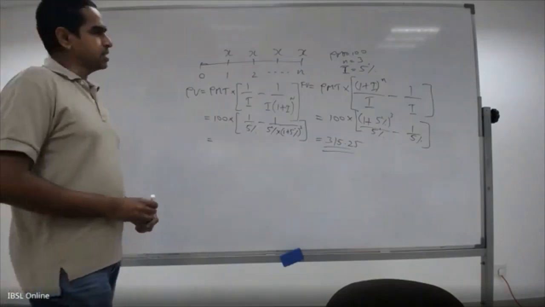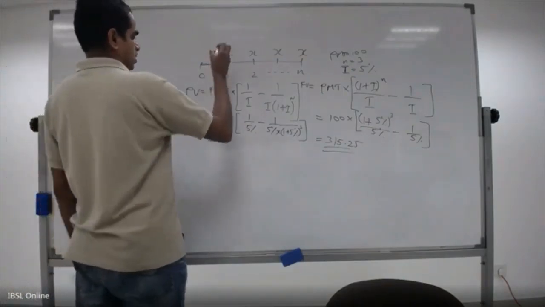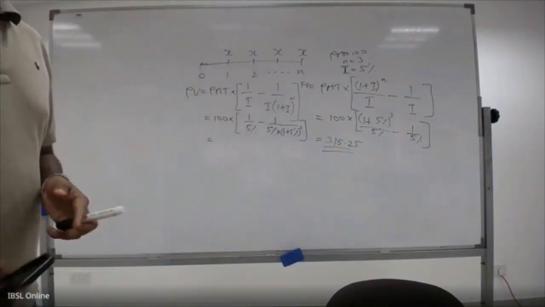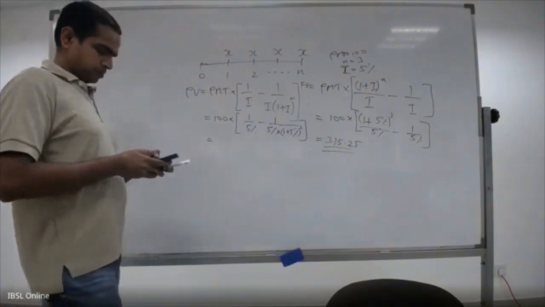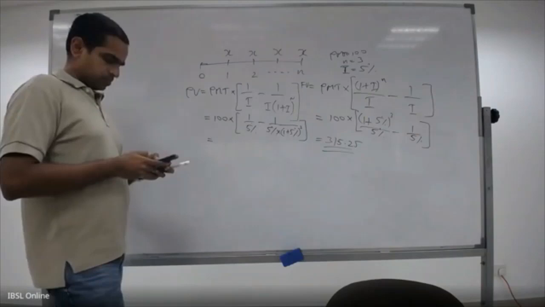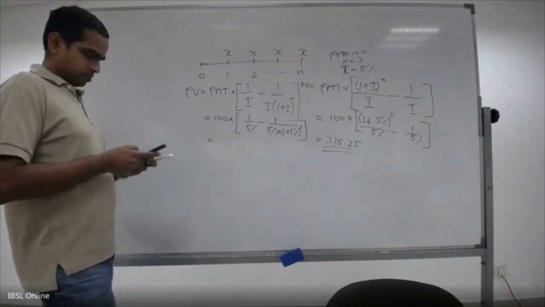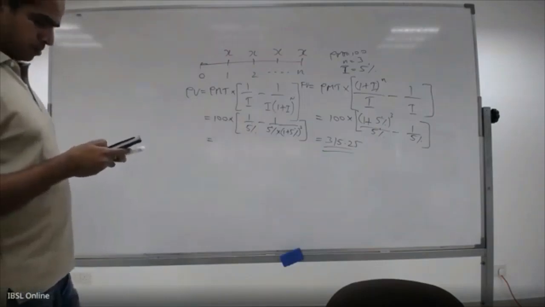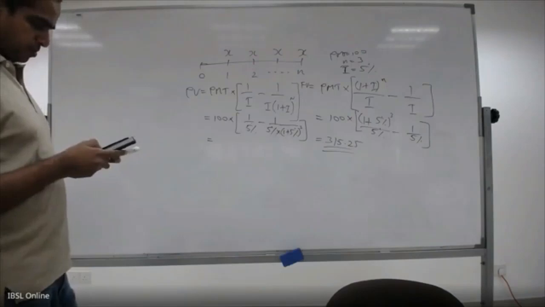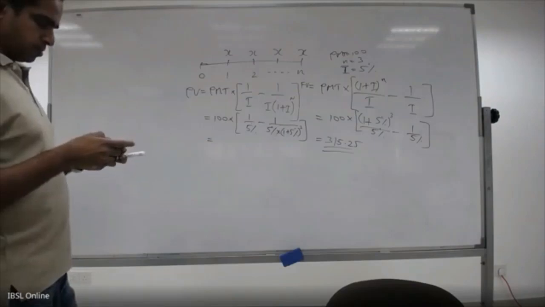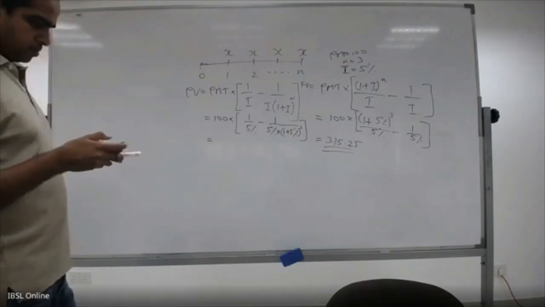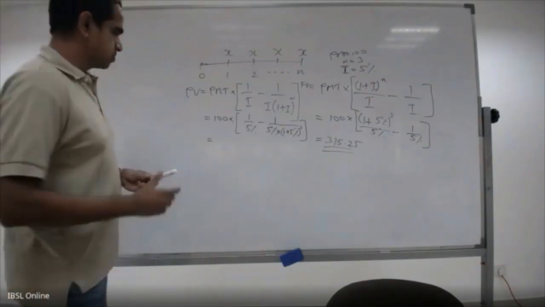And you keep receiving payments of 100 every year. Right, over a period of 3 years, you have to calculate the present value. $272.32.